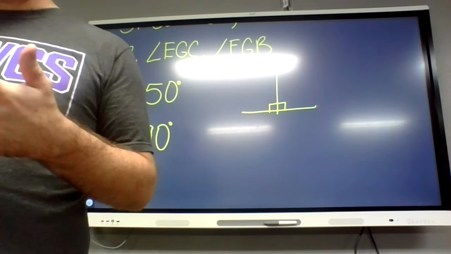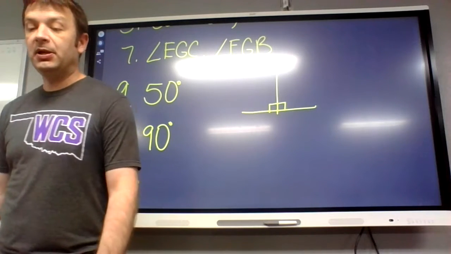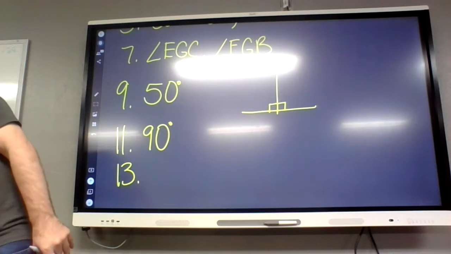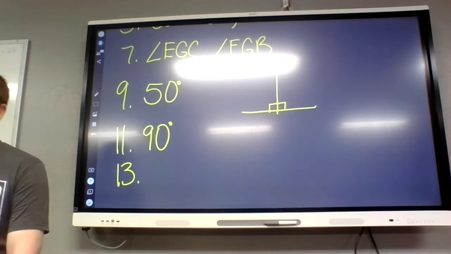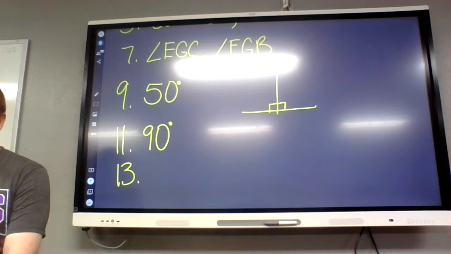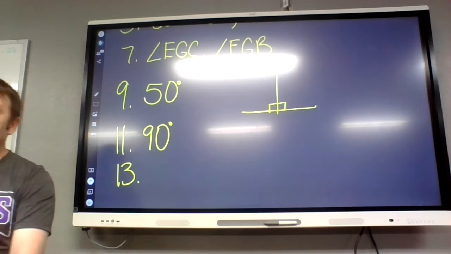Okay, on 13, write a statement illustrating the property. Reflexive property of congruent angles. Does reflexive ring any bells for you guys? Well, the reflexive property was like A equals A. Exactly. It was page 79. Remember that from yesterday?